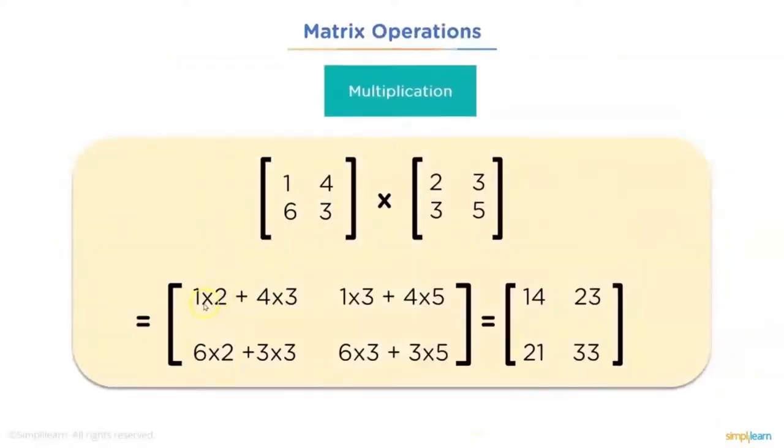And this is the dot product of 1 times 2 plus 4 times 3, 1 times 3 plus 4 times 5, 6 times 2 plus 3 times 3, 6 times 3 plus 3 times 5. And it gives us a nice little 14, 23, 21, and 33 over here, which then can be used and reduced down to a simple formula as far as solving the variables as you have enough inputs.